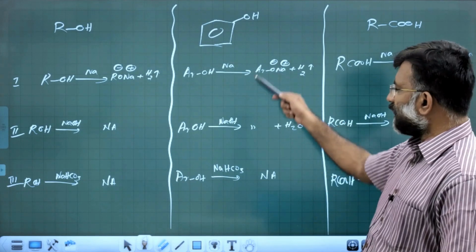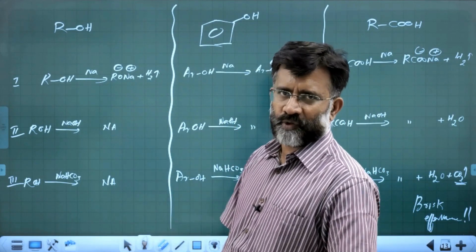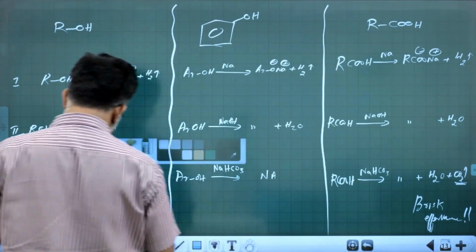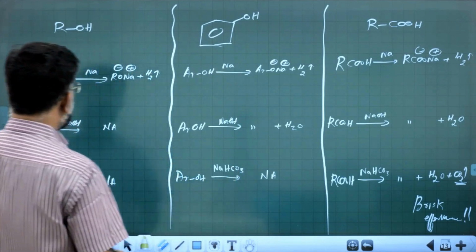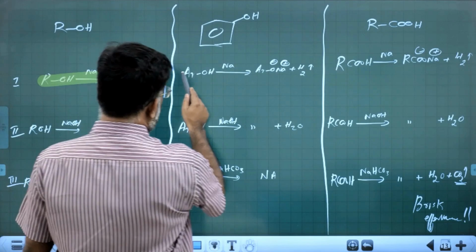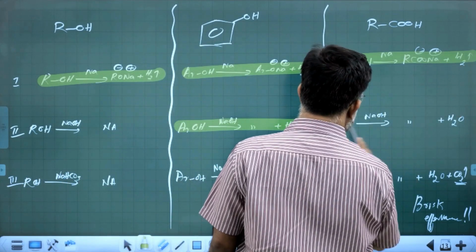Here you can find two reactions. Here you can find only one reaction. Is that clear? That will be a clear justification for the order of their acidic nature. Here you have one reaction, here you have two reactions, and here you have three reactions.